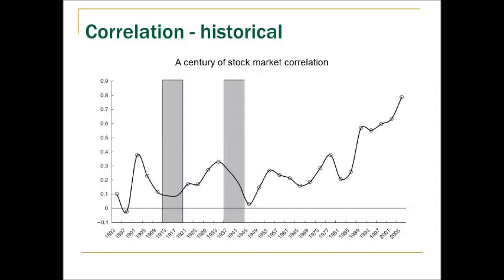This is a historical graph of correlation over the last century, and it's taken from a paper found online. What you can see in this graph is that the correlation has been going up, especially from the 70s till the years 2000, and the correlation has reached a very high level between all stock markets.